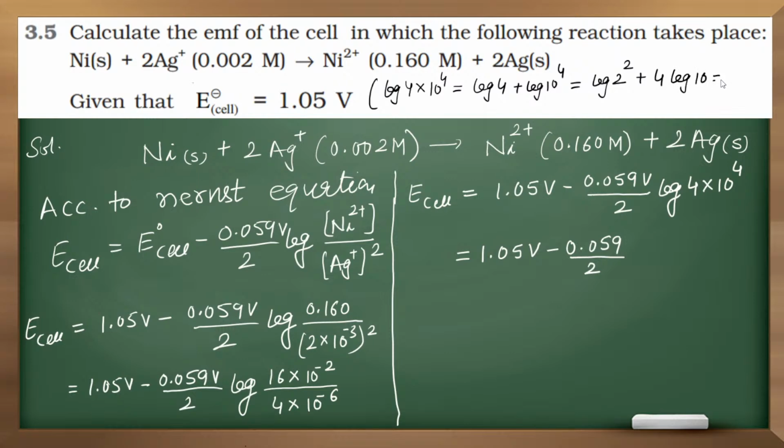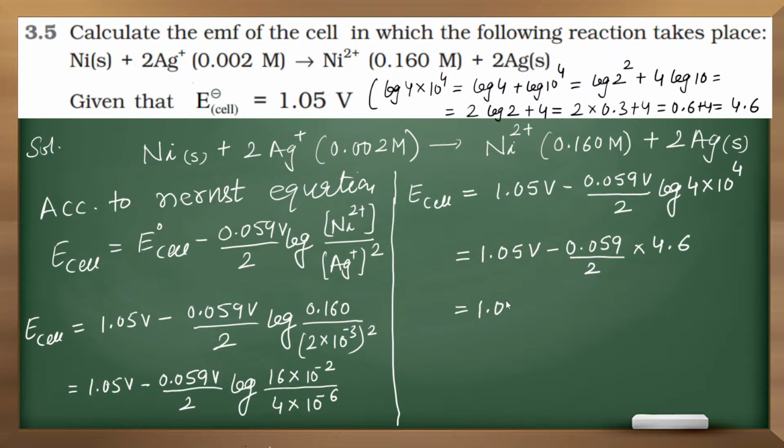So it is 2 log 2, it is 2 log of 2 plus 4. So it is 2 into 0.3010, but better to write it as 0.3 only, plus 4. So it is 0.6 plus 4, that is 4.6. So this value comes out to be 4.6.